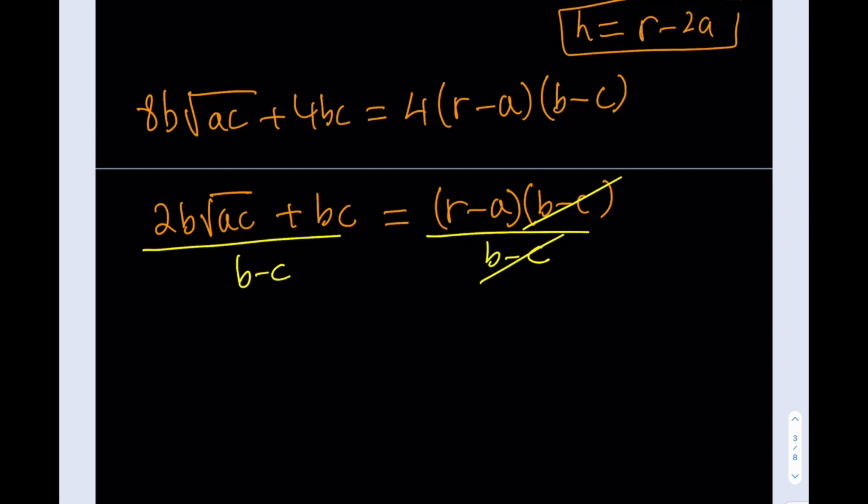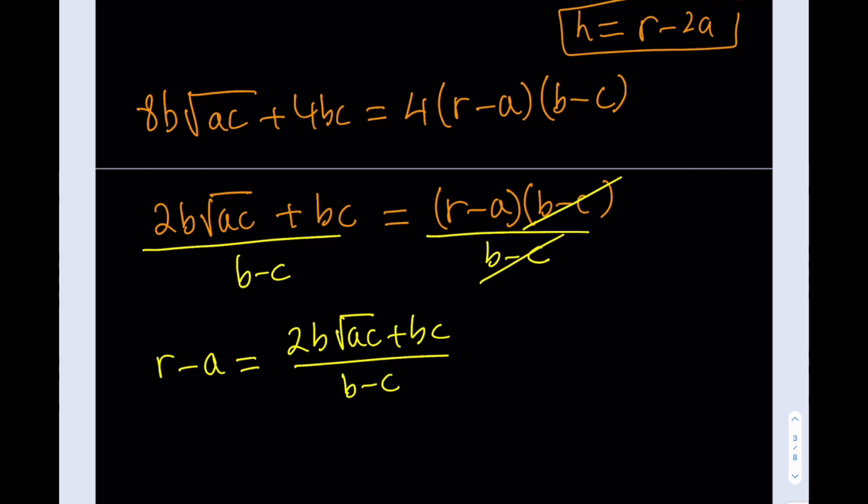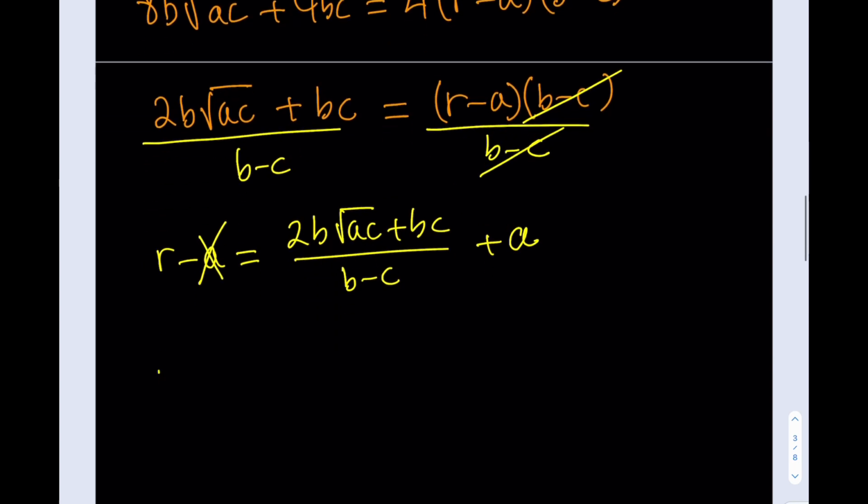So this is going to give me R minus A being equal to this guy here, which is 2B root AC plus BC divided by B minus C. Now what I'm going to do is I'm going to be adding A to both sides, cross this out, and I'll get my answer from here. But let's simplify a little bit. How do I simplify? Well, I'm just going to make a common denominator, right?